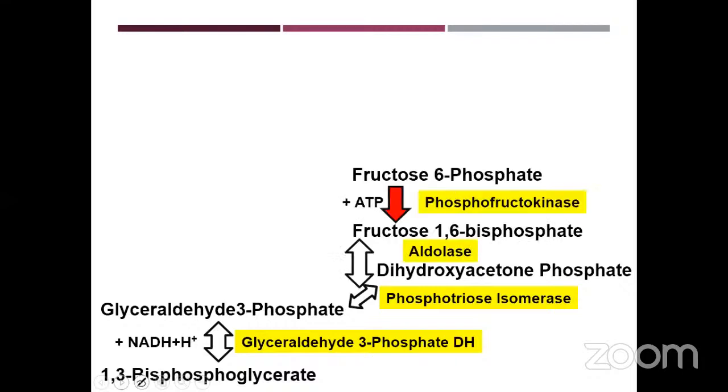Till which step? Till the next regulatory key enzyme, phosphofructokinase. That was not a reversible reaction, right? The others were all reversible reactions. After the first two key gluconeogenic enzyme reactions, the rest of the pathway is the reversal of glycolysis, and that stops at the step fructose 1,6-bisphosphate. Fructose 1,6-bisphosphate cannot be simply reversed to fructose 6-phosphate.